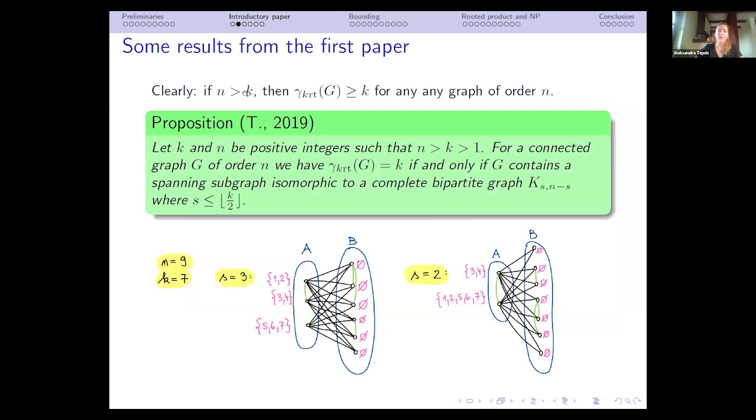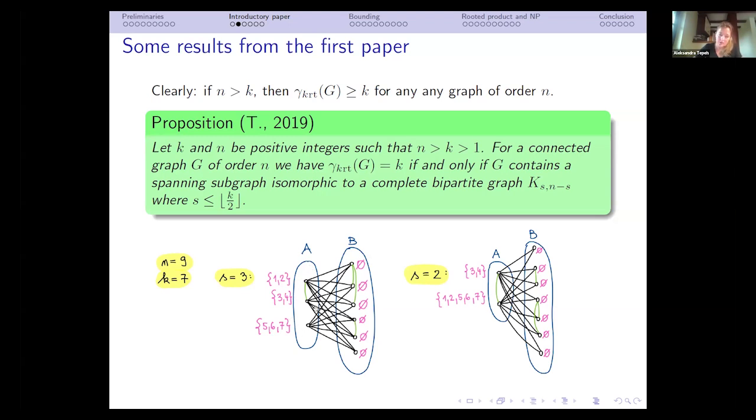And if n is greater than k, then this bound is obvious, right? And the first result that was proved was the characterization of graphs which attain this bound. These are the graphs that contain spanning subgraphs that are isomorphic to complete bipartite graphs, where the first partite set, it doesn't matter which one, but I usually think of the first one as the one which has fewer vertices.